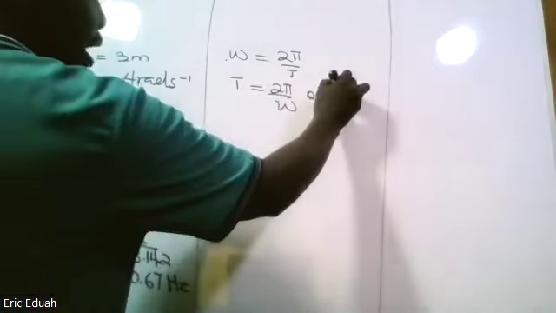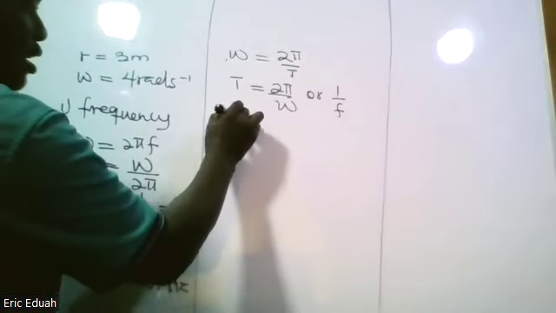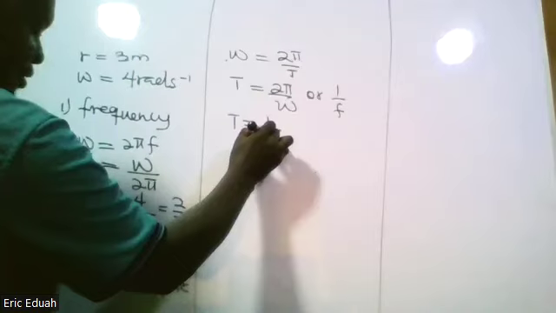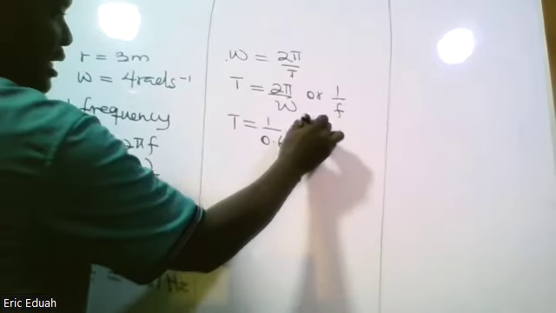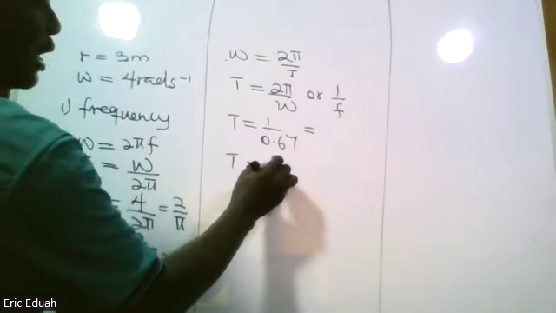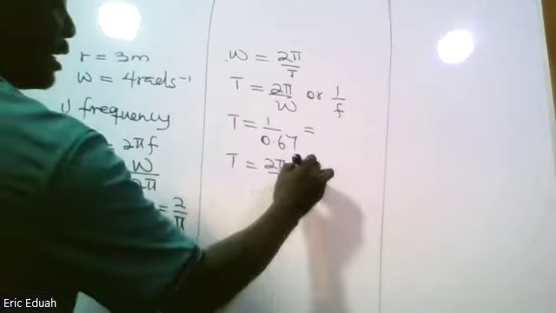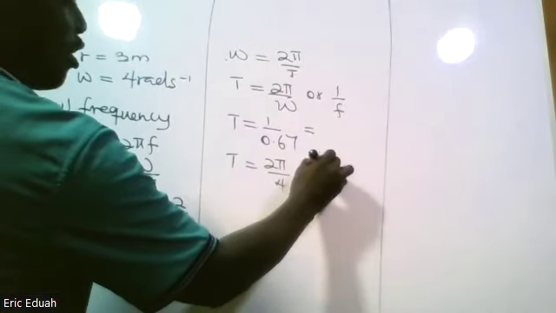Exactly, or 1 over f. So once you have f, you just put it there and that will give you the period. Or as Jima said, 2 pi over 4, and this will be pi over 2.